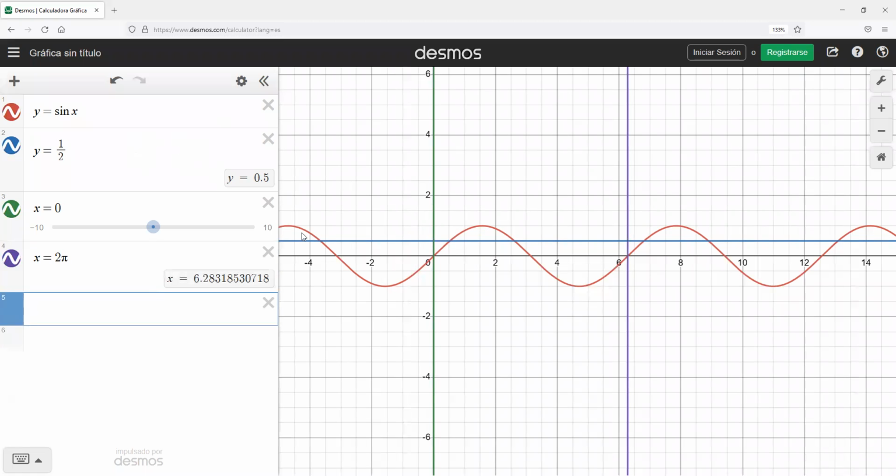Between the green and the purple line, that is one period. The sine goes one time and then it repeats. Every 2 pi, the sine function repeats over and over again. That's why I tell you to find the solution in one period, because if I don't tell you the restriction, you'll find infinite solutions, which is why I have that 2 pi k attached. That takes into account the repetitive nature of sine.